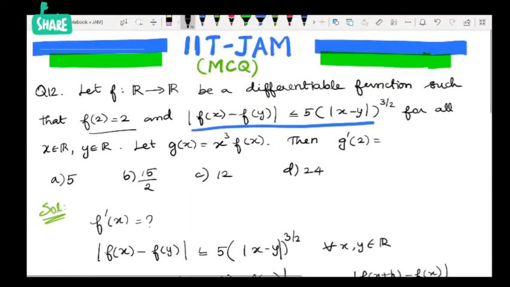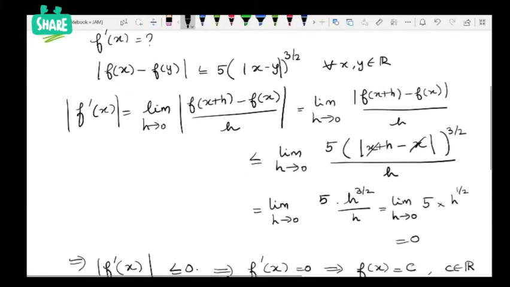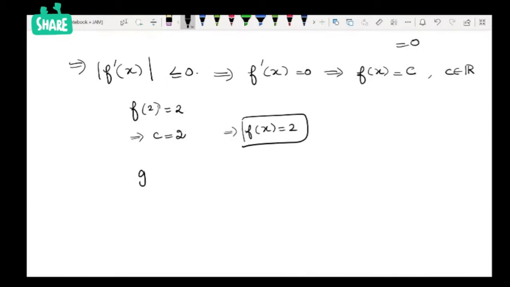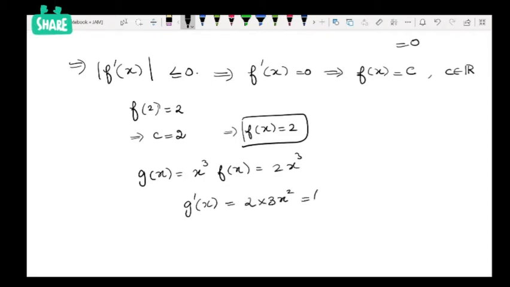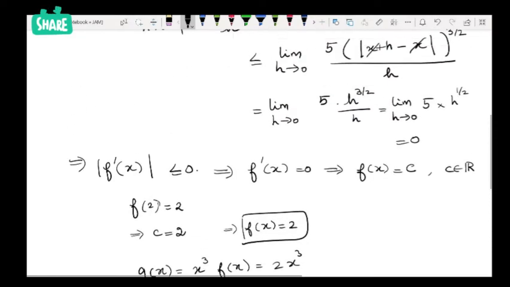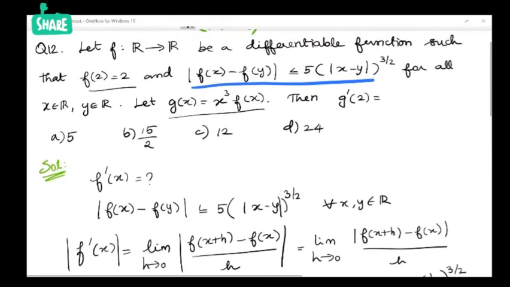G of x is given by x cube f of x, which means 2x cube. What is g dash of x? It is 2 into 3 times x square, which is 6x square, and g dash of 2 will be 6 into 2 square, which is 24. So the answer is option D, 24.